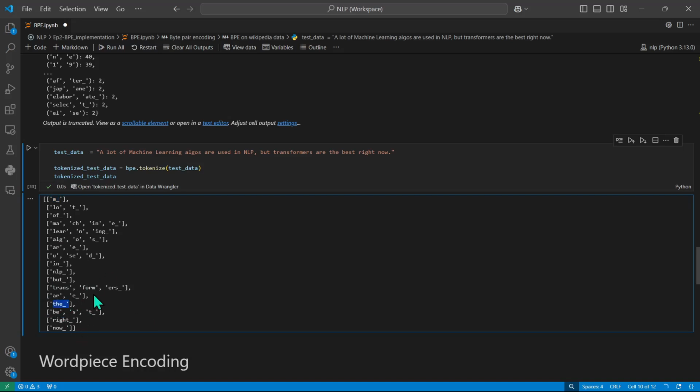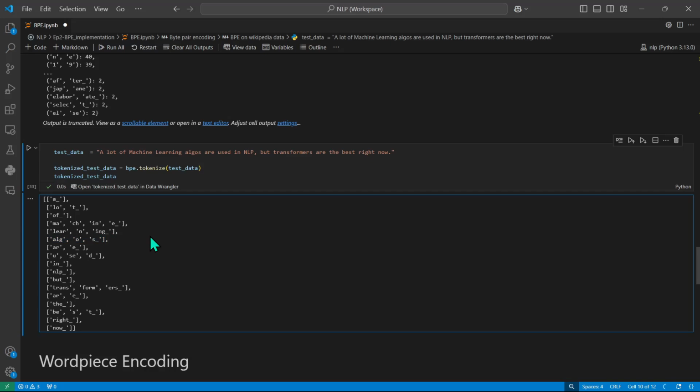In some cases it can't identify fully, like algos, it has not figured out the entire word, but it has kept some subword. So alg it has kept, and ace underscore it has kept, so it knows something about the word. It is not completely in the dark. So that's the power of subword tokenization, and that's how it works.